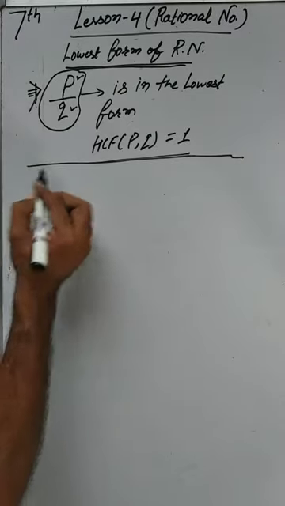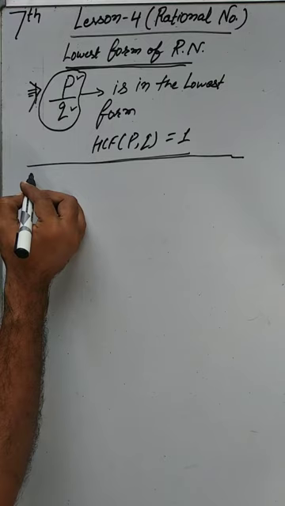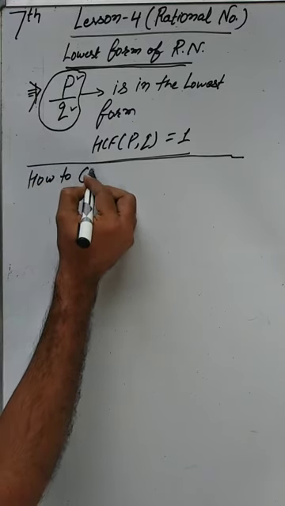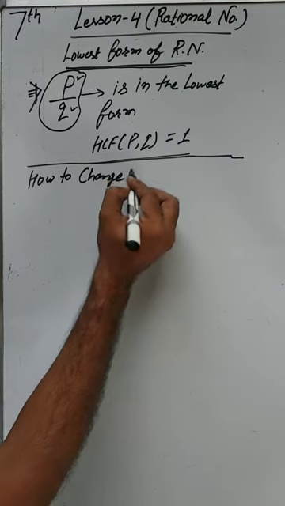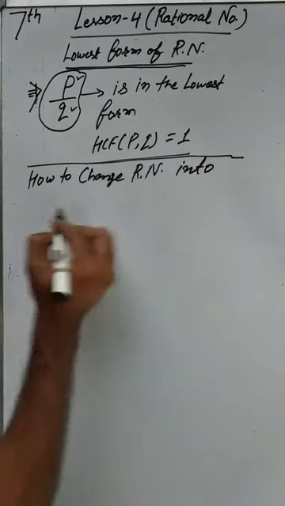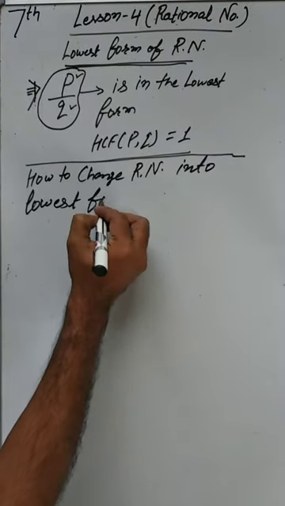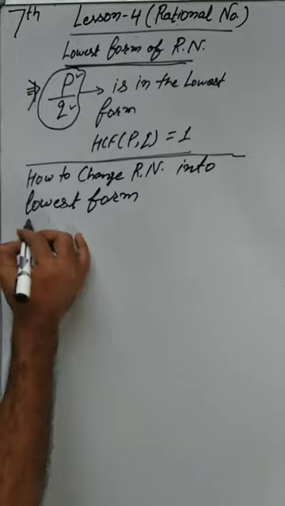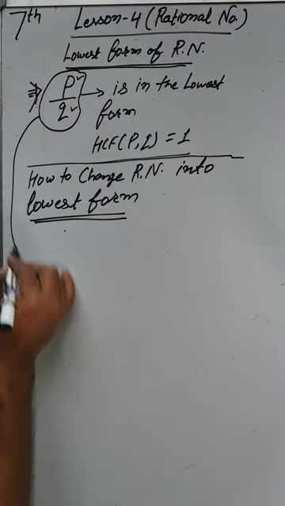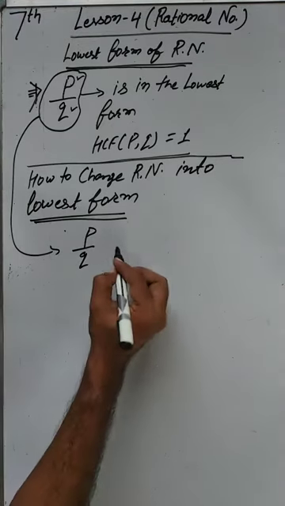Now your next topic is how to change a rational number into lowest form. Suppose p upon q is a rational number.